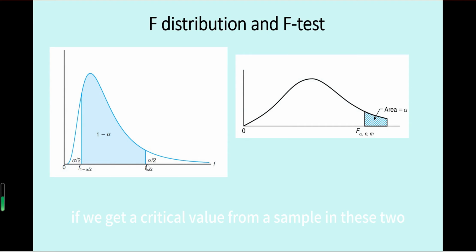If the sample statistic falls in either this white area or this white area, that is, either less than this critical value or larger than this one, then the test will be significant. Similarly, for the one-sided test, if it is located in this area, we will say the test is significant.